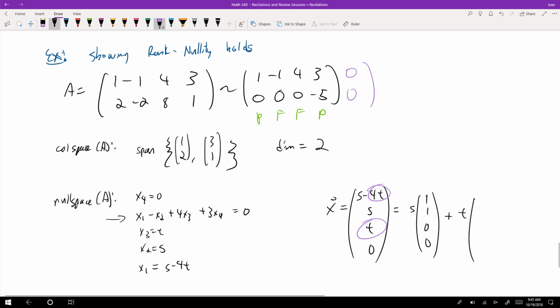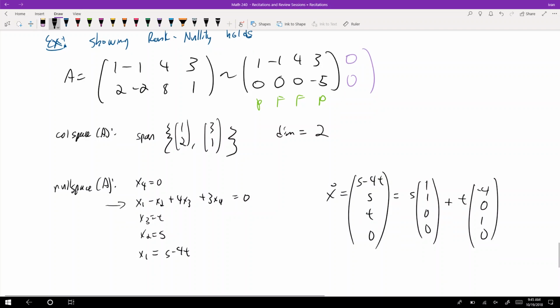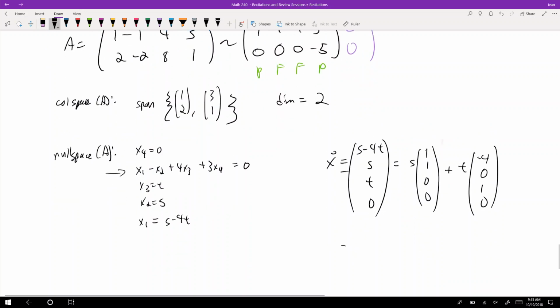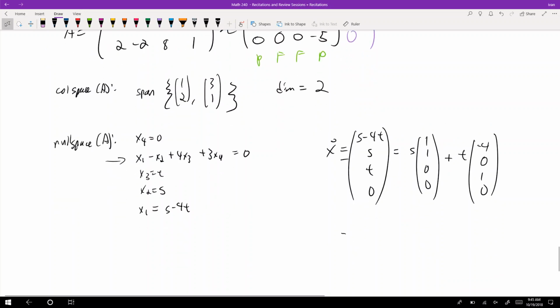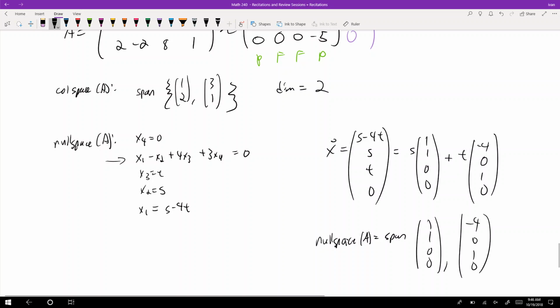So this becomes (-4, 0, 1, 0). And so really we want to say that the null space is equal to the span of (1, 1, 0, 0) and (-4, 0, 1, 0).